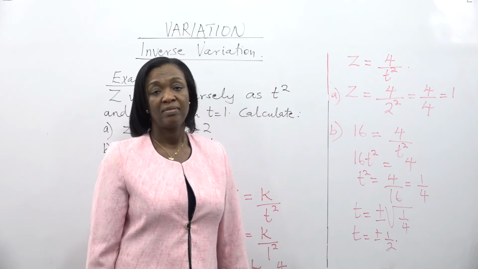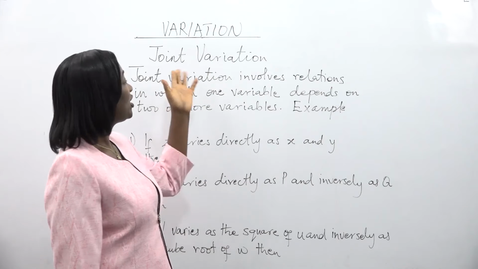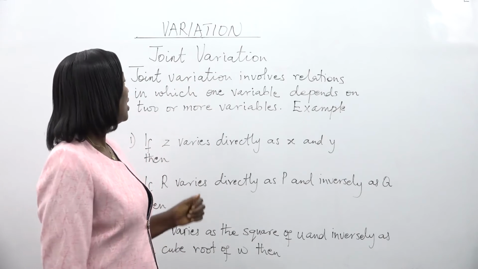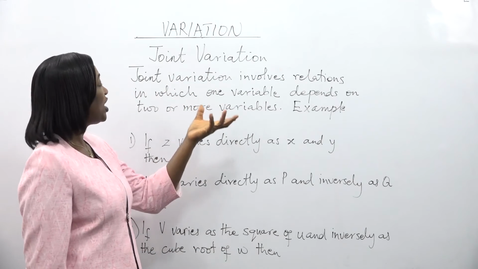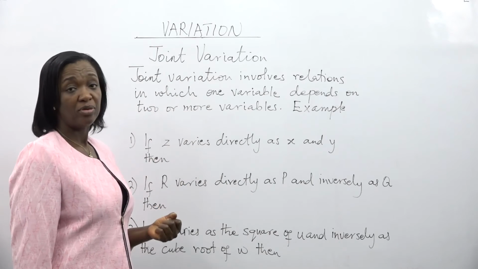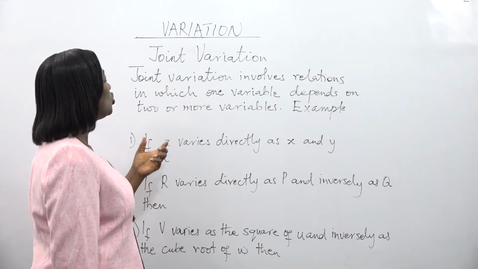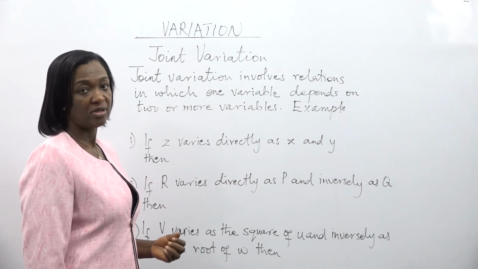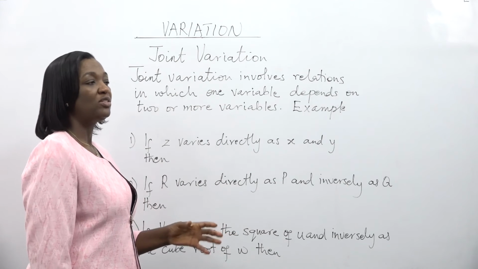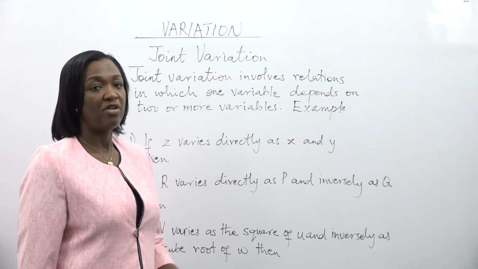In this example, we want to look at joint variation. Joint variation involves relations in which one variable depends on two or more other variables. So one variable depends on two or more other variables.